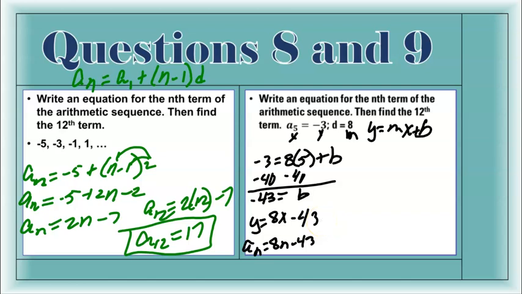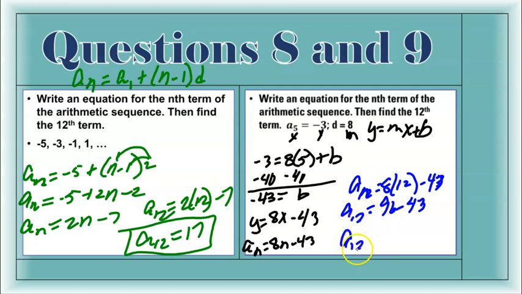So now to put 12 in for n, I would have a subscript 12 equals 8 times 12 minus 43. So this would be 96 minus 43. That means a subscript 12 would give us 53.